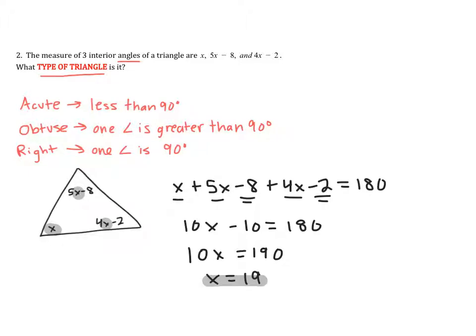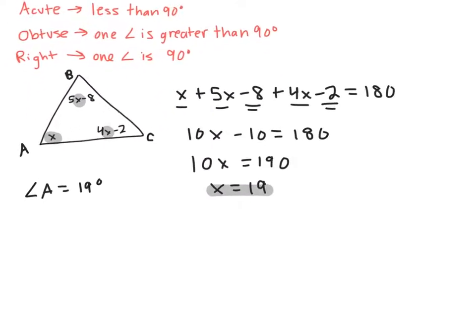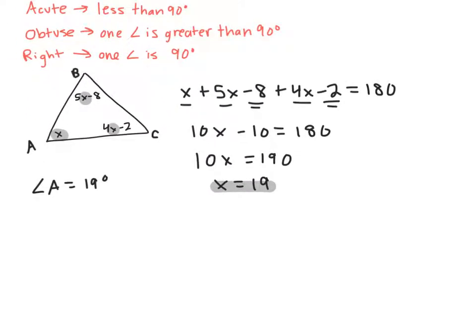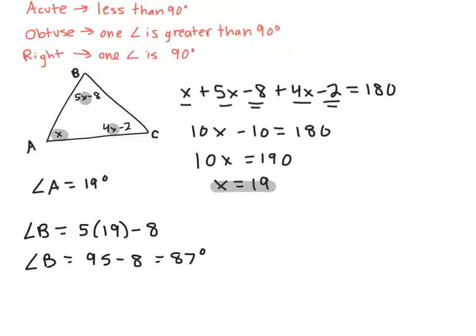So I'm going to call these angles A, B, and C. So we know that angle A is just going to be 19 degrees because it's only x. Now let's find angle B. It's going to be 5 times 19 minus 8. So we get 95 minus 8, which is 87 degrees.